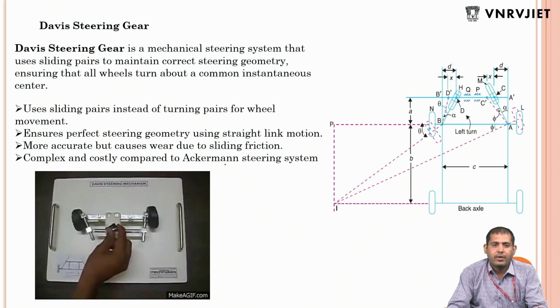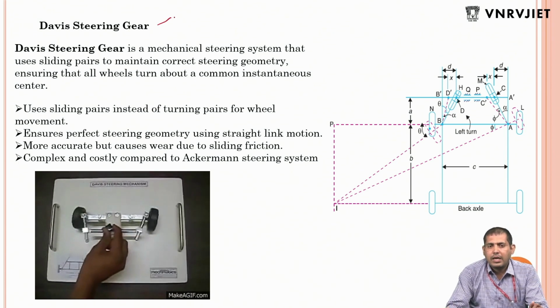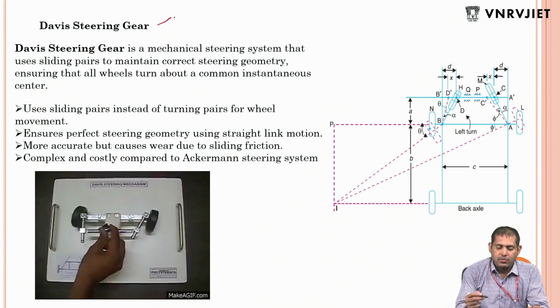Next, Davis steering gear. Here it consists of sliding pairs as well as turning pairs. It is a mechanical steering system that uses sliding pairs to maintain the correct steering geometry.